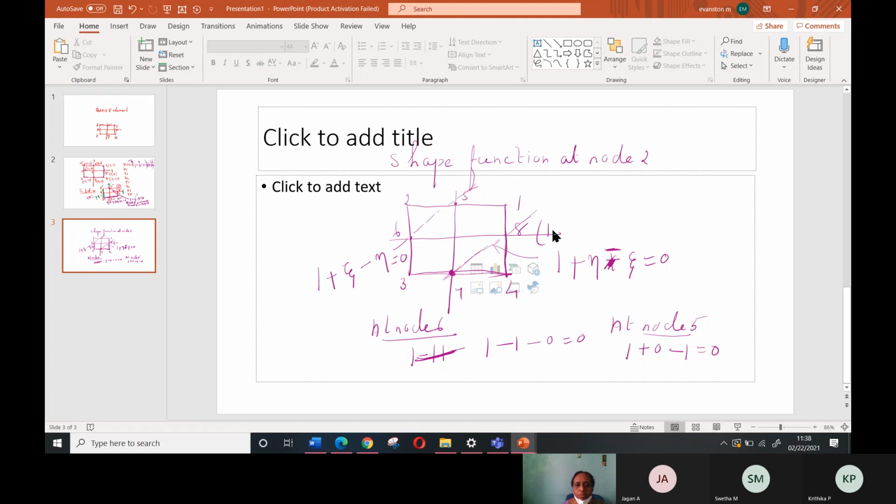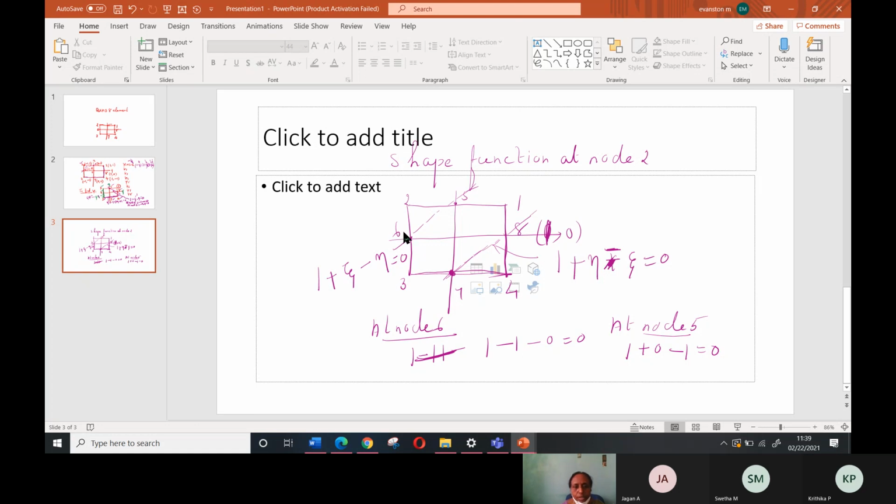Here it is 1 comma 0, so eta is 0, and xi is equal to plus 1. So 1 minus 1 is equal to 0. So this is the equation for 7 and 8. Any confusion?